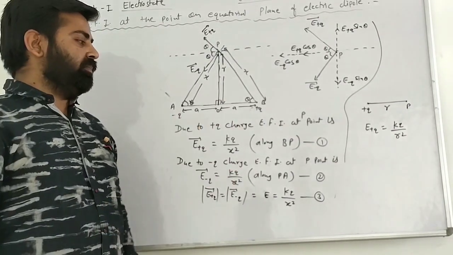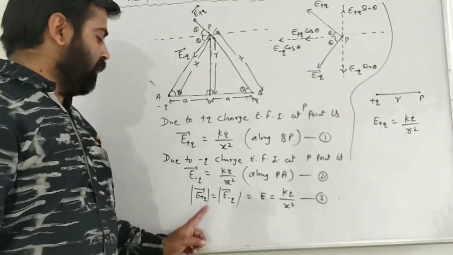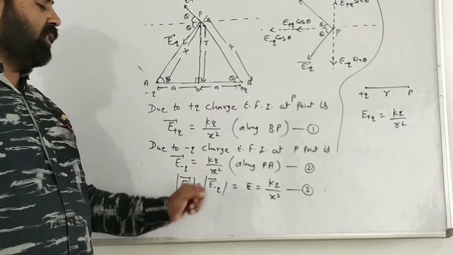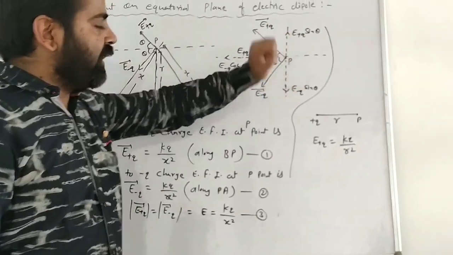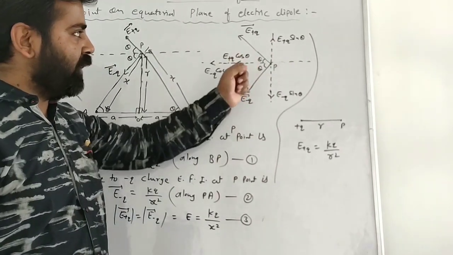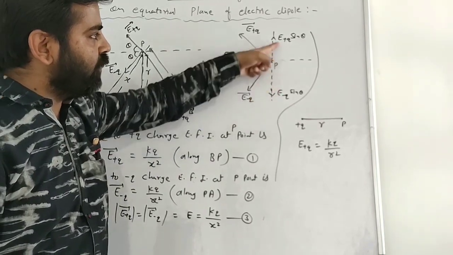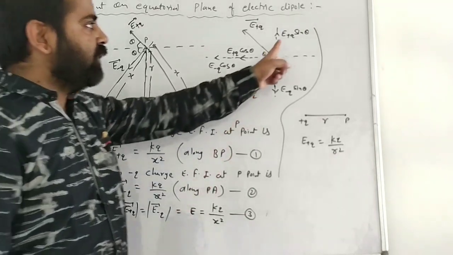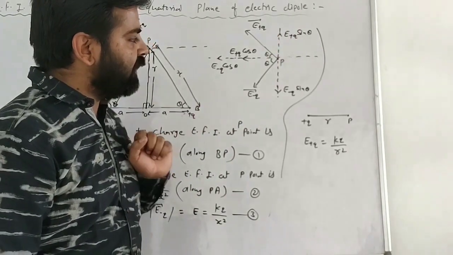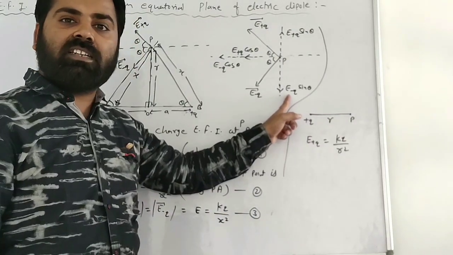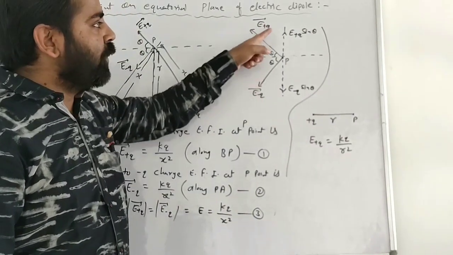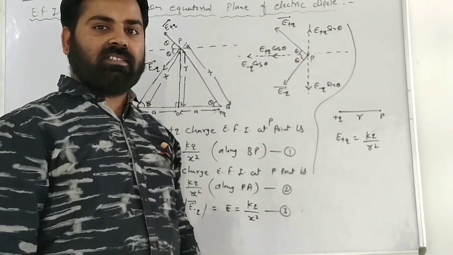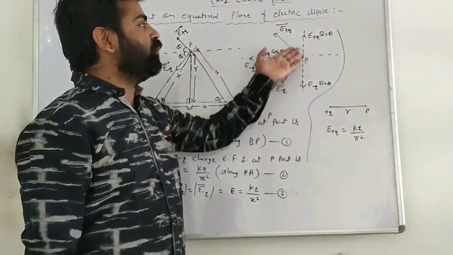Now from the diagram, as the magnitude of E plus q and E minus q is the same, see their vertical components. Their magnitudes are the same and both are E. So this one can be written as E sin theta, and this one is also E sin theta. Both magnitudes are the same, but their directions are opposite, so they cancel each other.